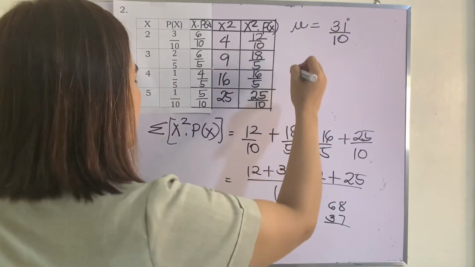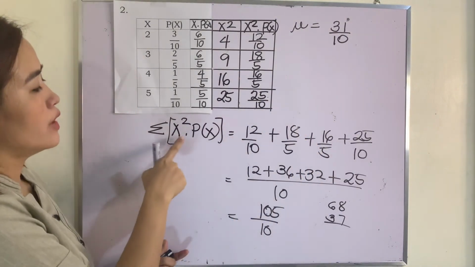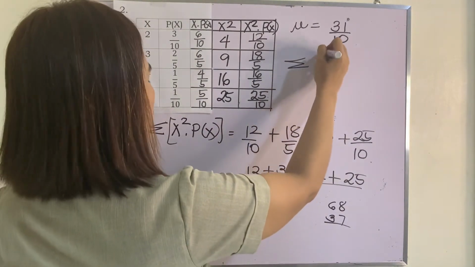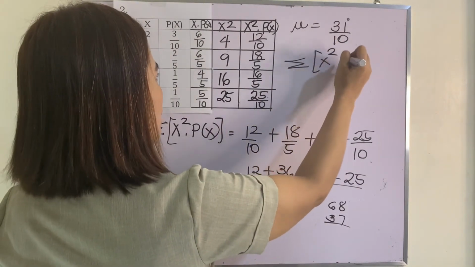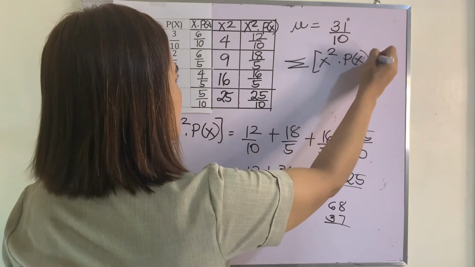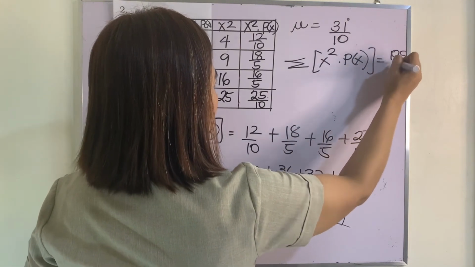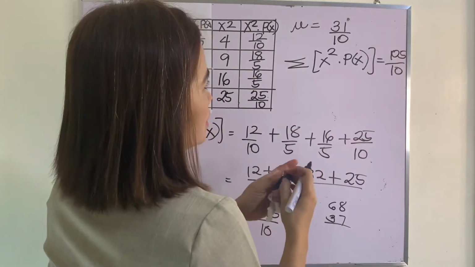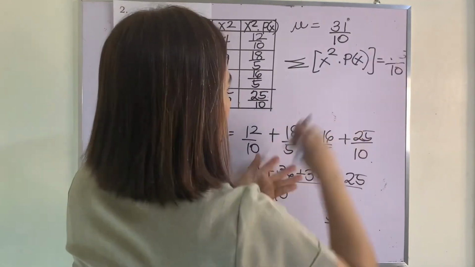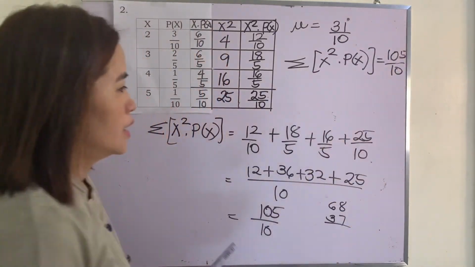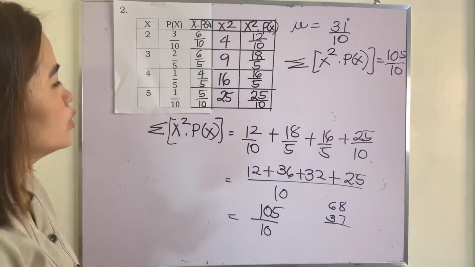So our summation of x squared times p of x is equivalent to 105 over 10. Okay. So now, let us compute for the variance.